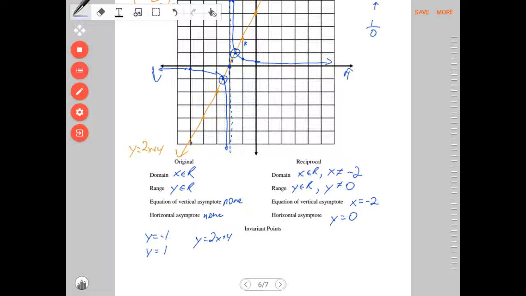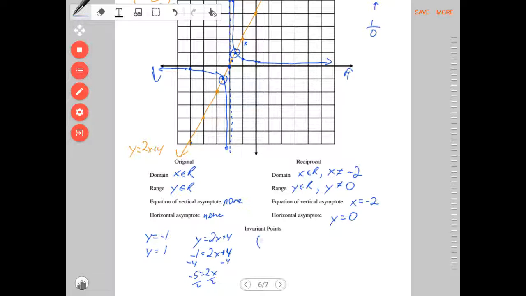So the thing is, if the y value is -1, so -1 equals 2x plus 4. Oh, interesting. So we do some algebra here. Minus 4, minus 4. So negative 5 equals 2x, divided by 2, divided by 2. So that's negative 5 halves, or negative 2.5.